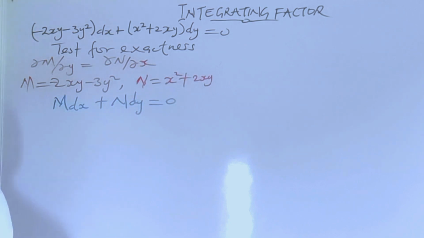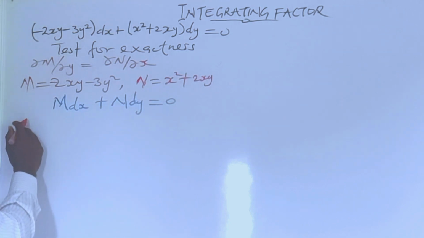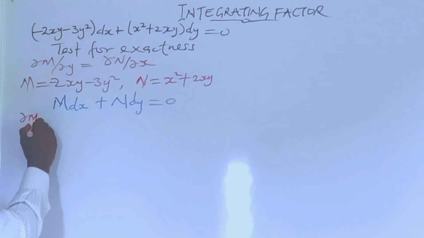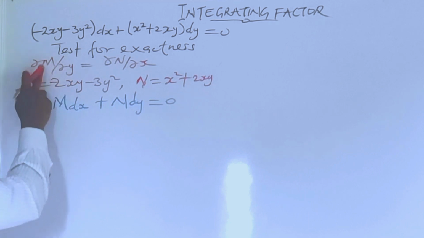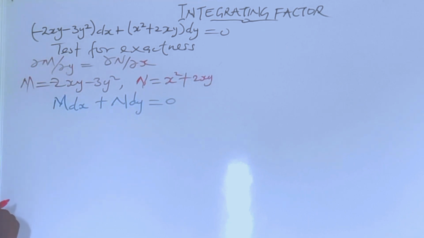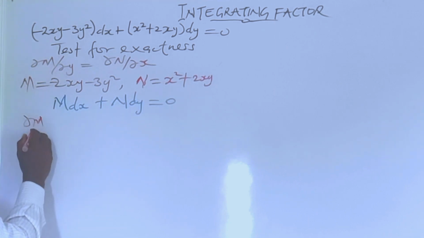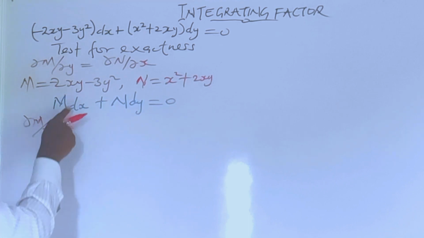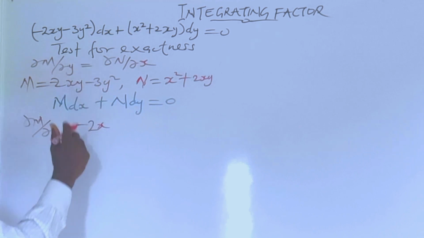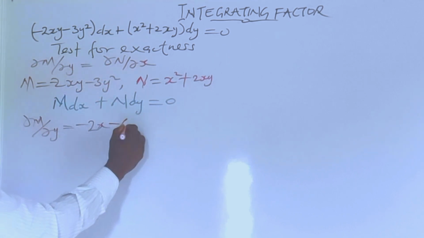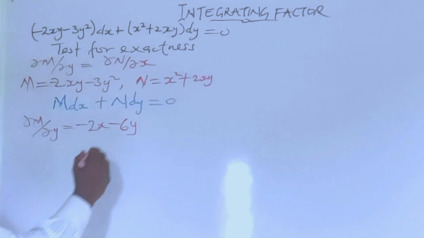So let us go on and obtain the partial derivative of M with respect to y. M is negative 2xy minus 3y squared. What is the partial derivative of negative 2xy? Since we are finding the derivative with respect to y, that will be negative 2x, as x is the constant there. And for negative 3y squared, that will be negative 6y.